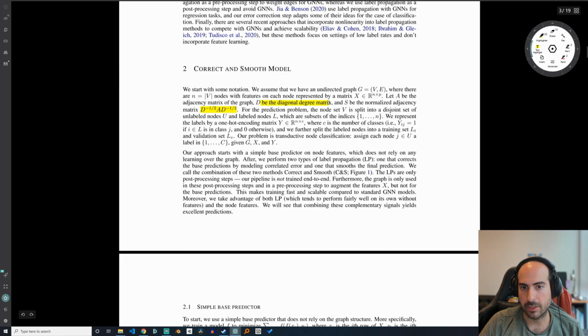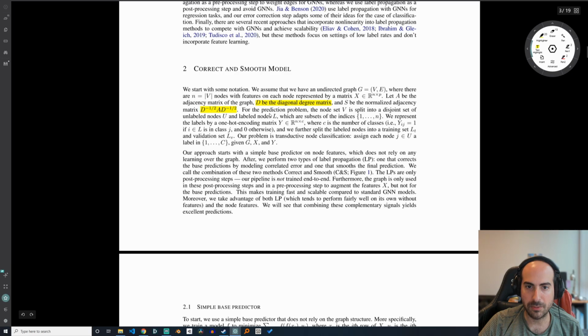And it's a diagonal matrix, because you have n points, so on the diagonal you're going to have n elements if it's a square matrix, right?